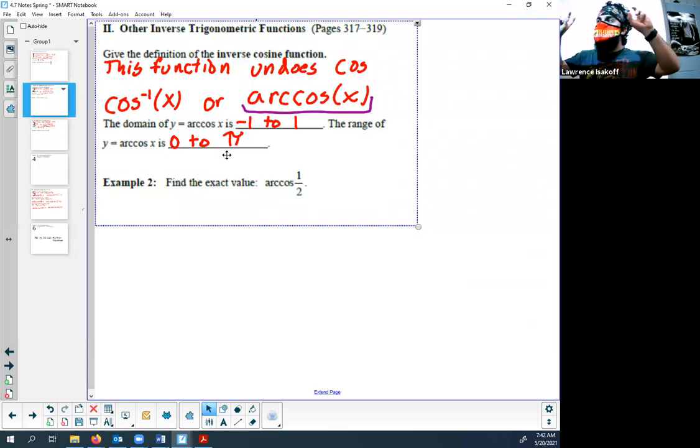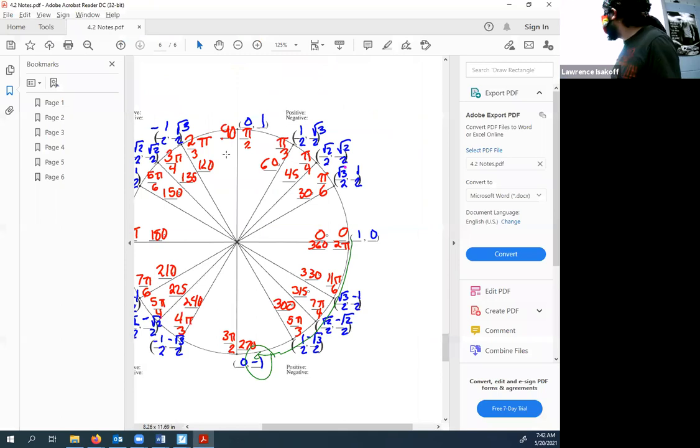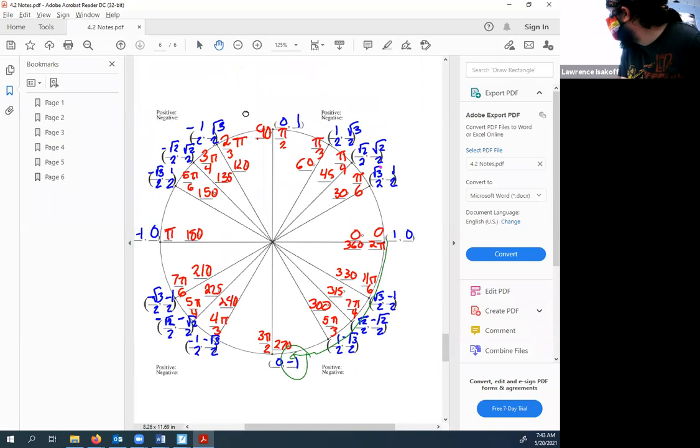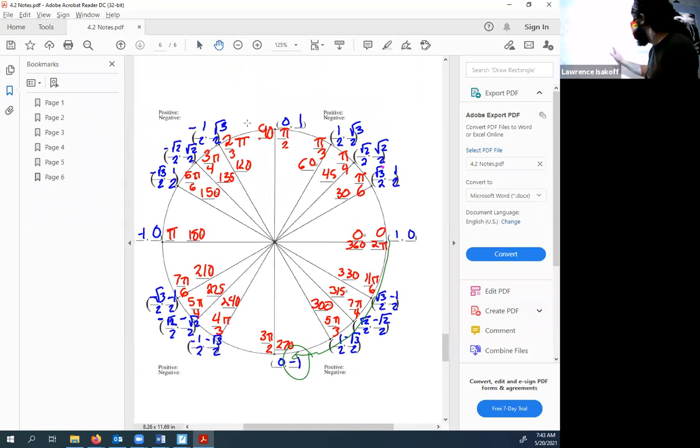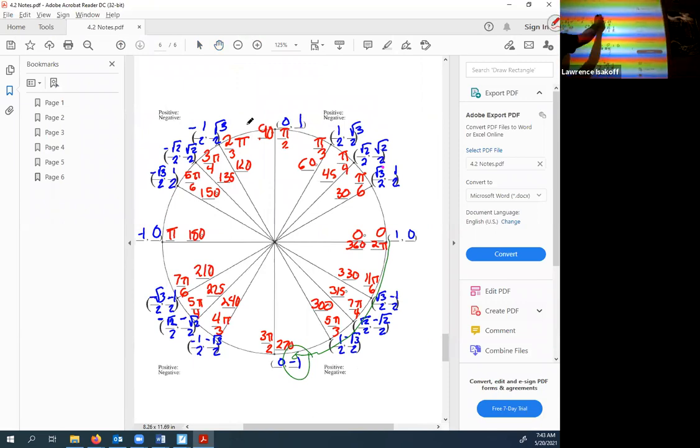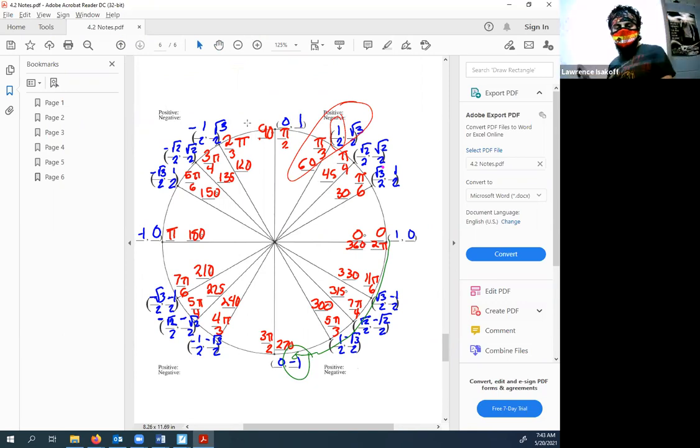I don't have to worry about that backwards direction. Remember, cosine is my x values. I realize my x value reaches 1/2 right here. So that's going to be pi over 3. So the exact value is pi over 3.